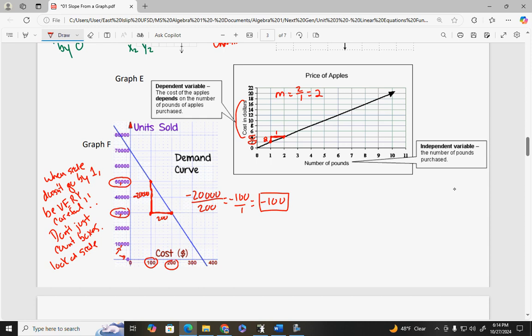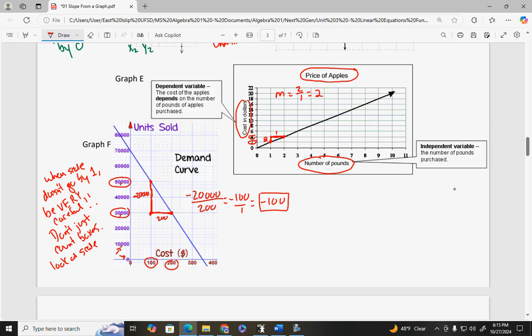Take a look at the labels now. The reason why we call it a rate of change a lot of times is because of real life situations. So this is about the price of apples and the rate at which your cost changes in comparison to how many pounds of apples you buy.